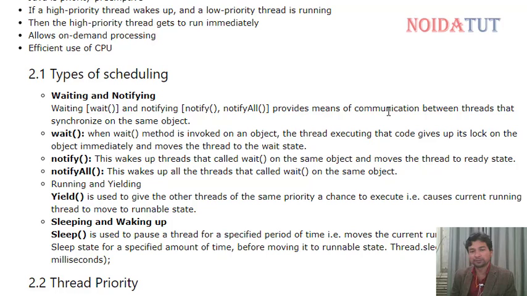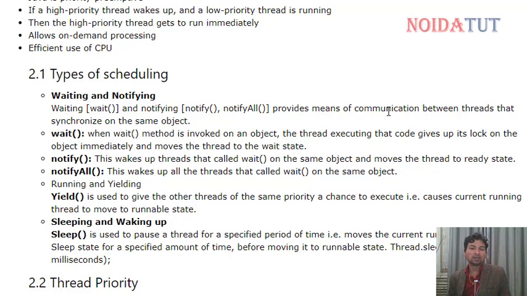Waiting and notifying. Waiting, that is the wait method, and notifying, that is notify and notifyAll. These are the functions predefined for threads. They provide means of communication between threads that synchronize on the same object. Wait: when the wait method is invoked on an object, the thread executing that code gives up its lock on the object immediately and moves to the wait state.